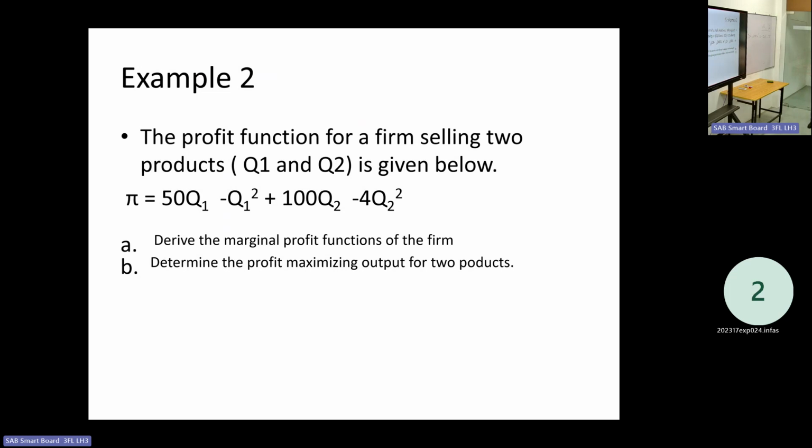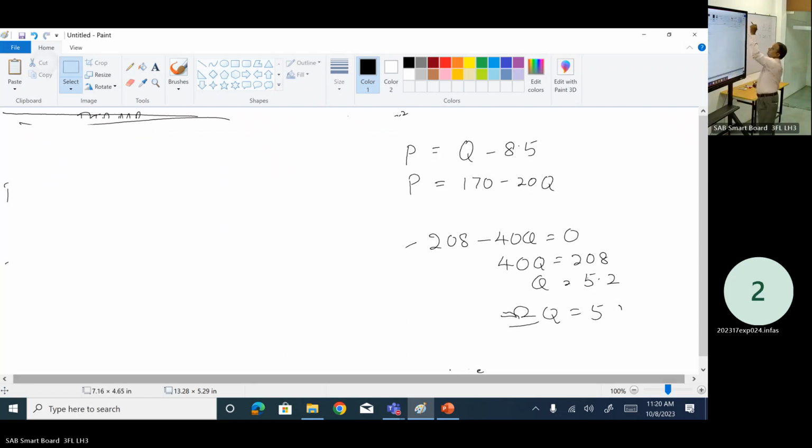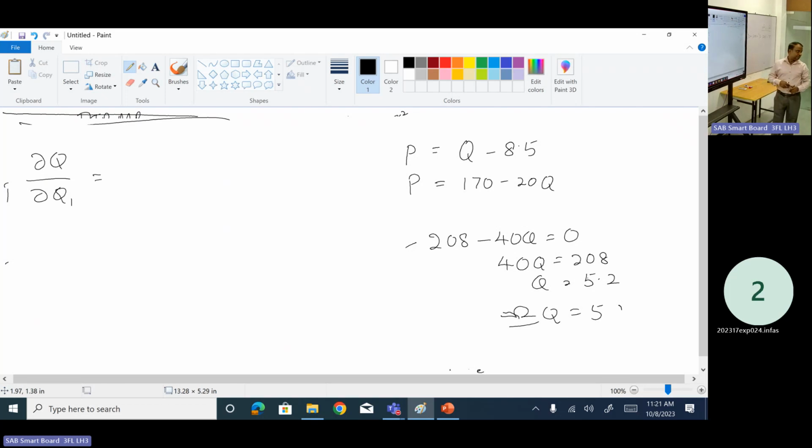So what is the marginal profit function? How do we calculate the marginal profit function in terms of Q1 and then in terms of Q2, right? We have the two products, so the marginal profit, right?